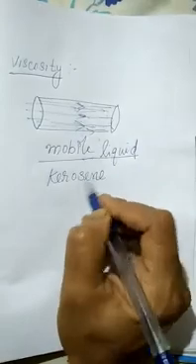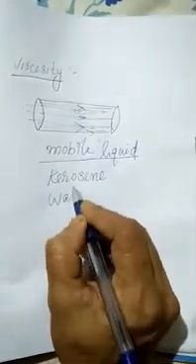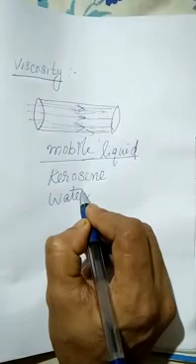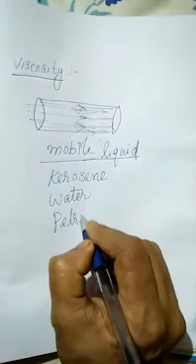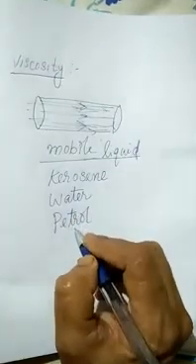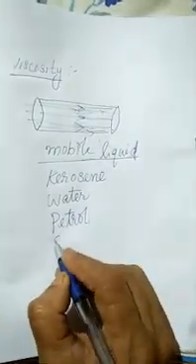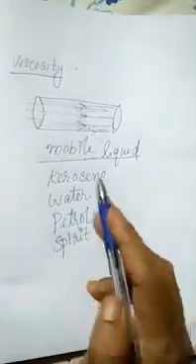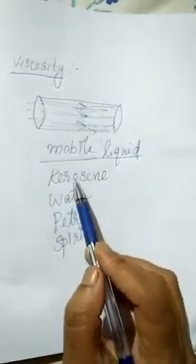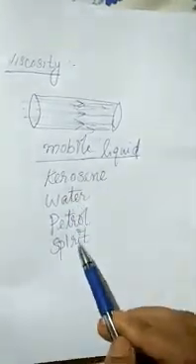Another example you have seen in the activity: kerosene is a mobile liquid. Water is another liquid which is mobile, and petrol also is a mobile liquid. Spirit also you can write among this. So examples for mobile liquids are kerosene, water, petrol, spirit. These all flow very easily.